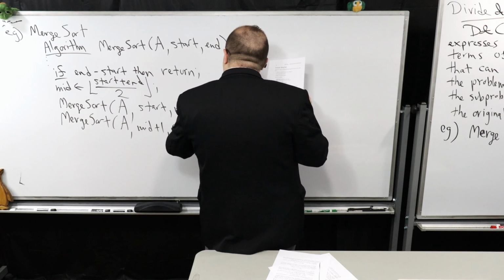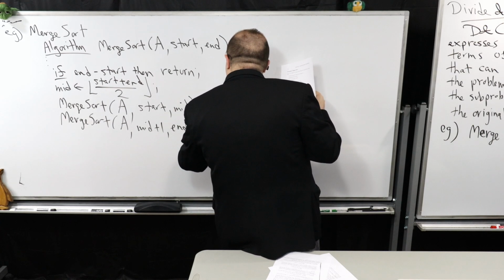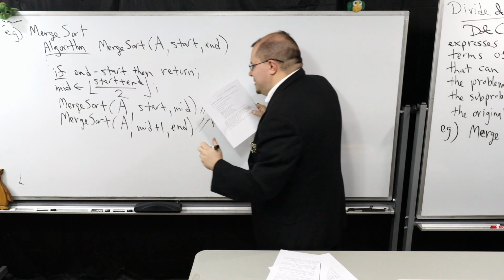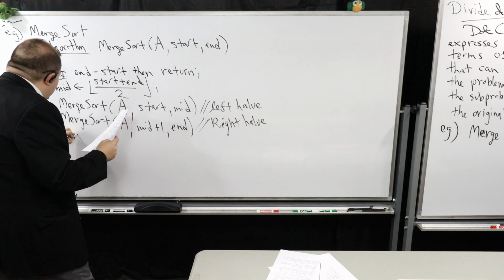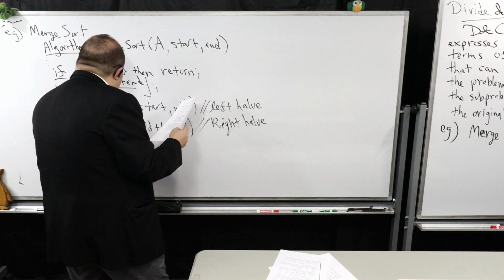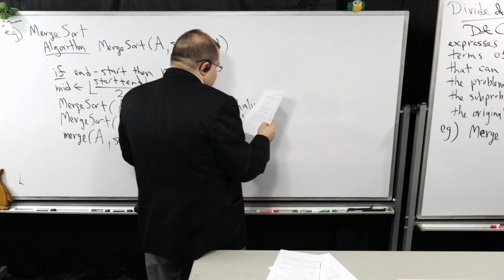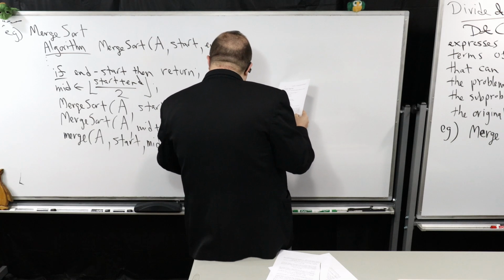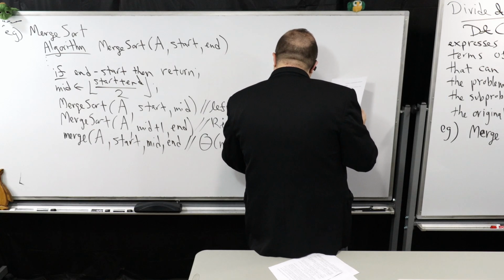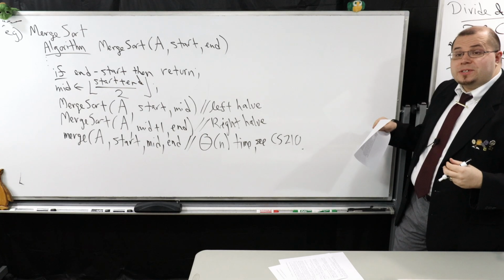So this is your left half, and the right half. Sorry, I just want to make sure I get this done in a reasonable time. And lastly, there's that method called merge, or function merge, depending on how you implement this, which takes start, mid, and end. For our purposes, all you need to know is that this takes Θ(n) time. If you're not sure about this, see CS210. It takes linear time. So this is the description of merge sort.